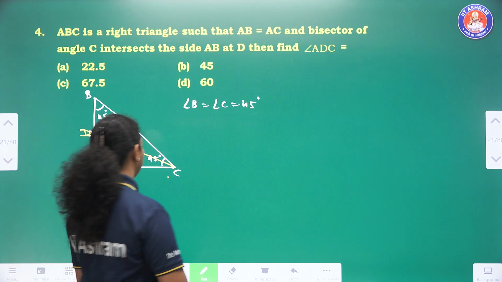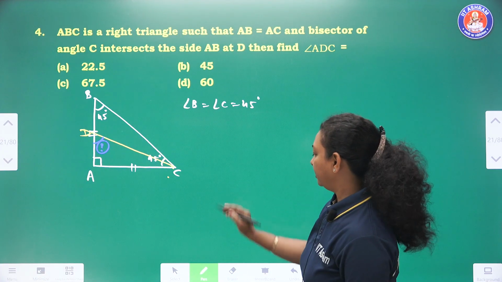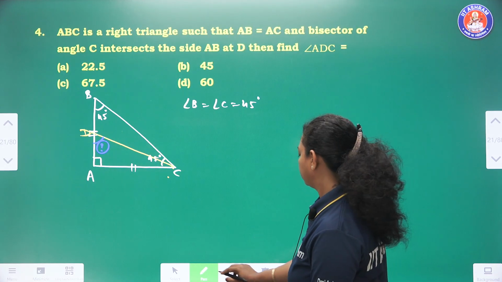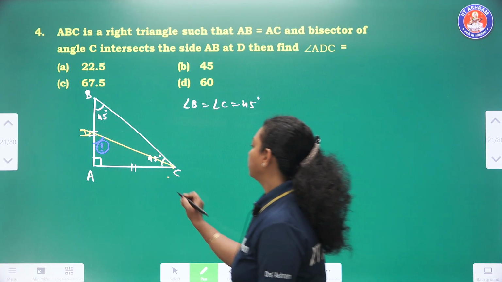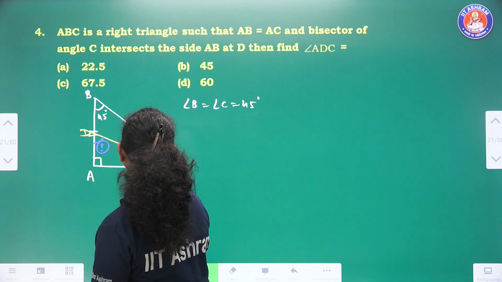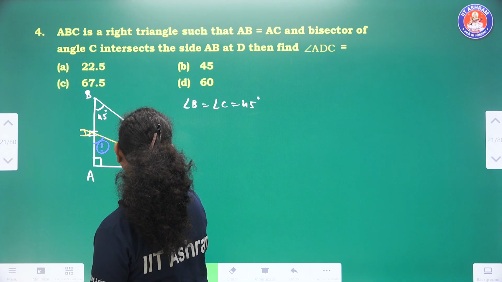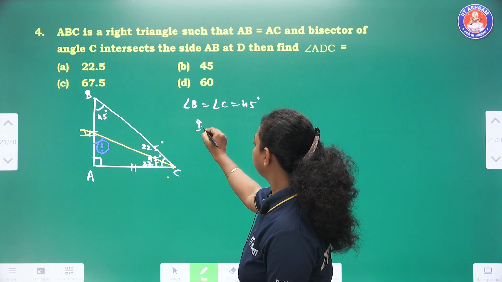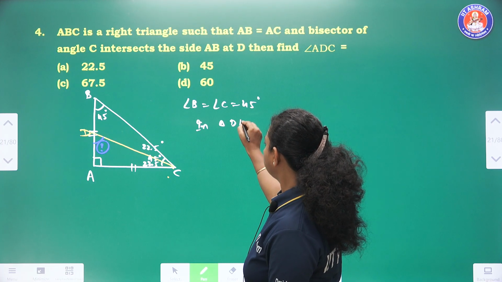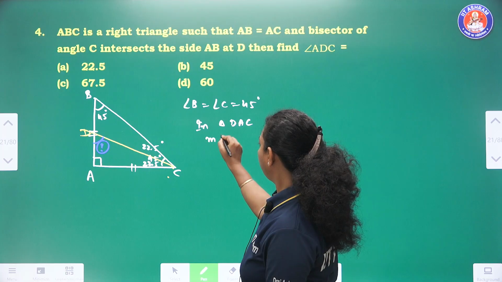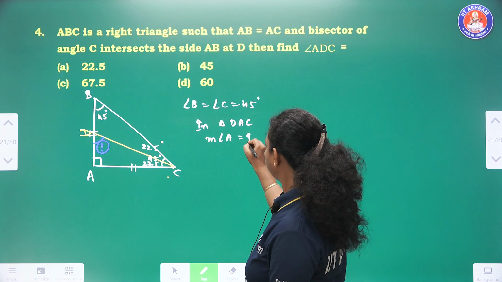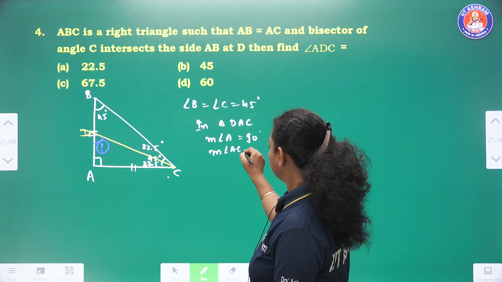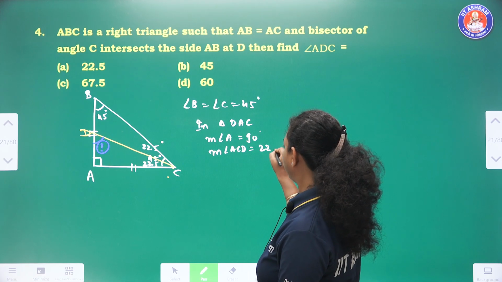Okay, how do we find? So we know that the angle bisector divides the angle, so this one is equal to 22.5 and this is also 22.5 degree. So now in triangle DAC, the measure of angle A is 90 degree and the measure of angle ACD is 22.5 degree.